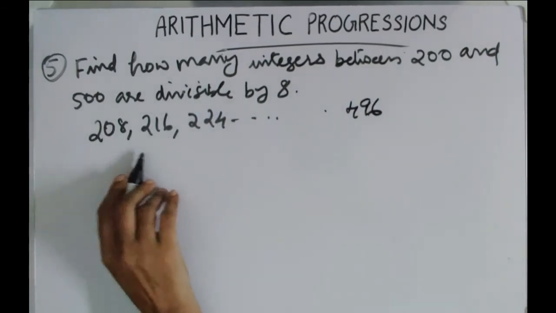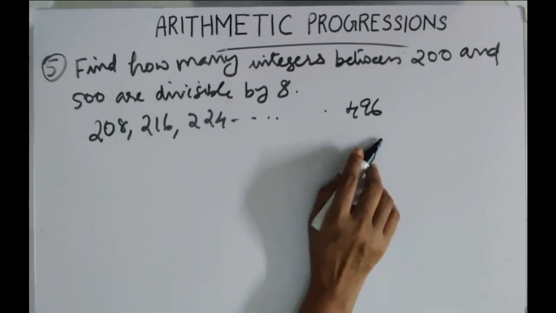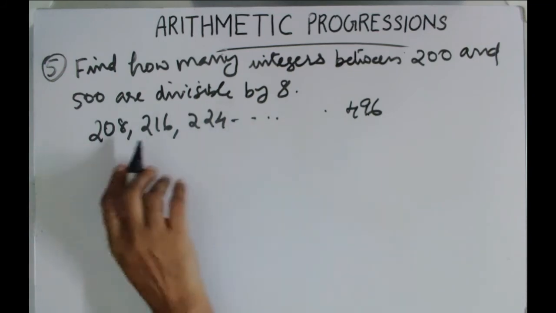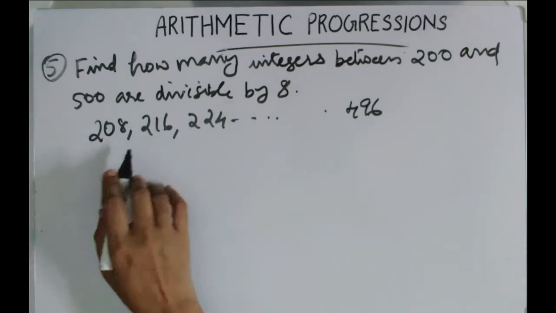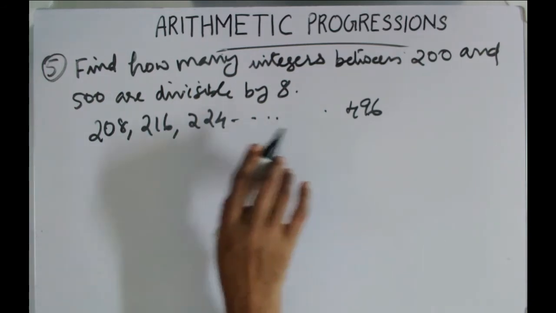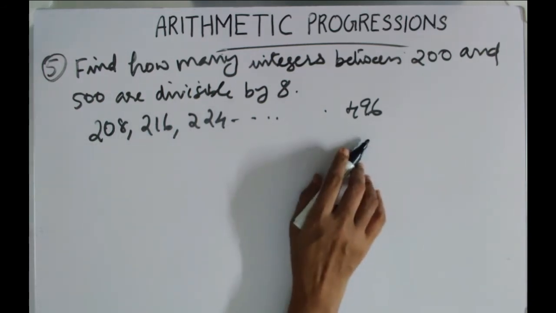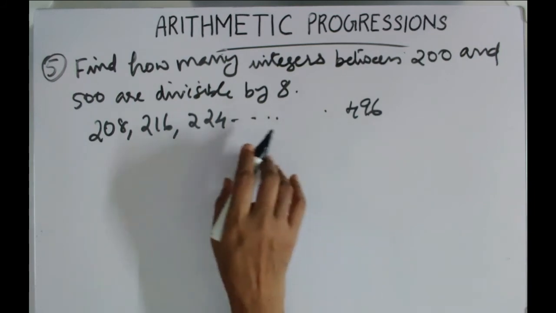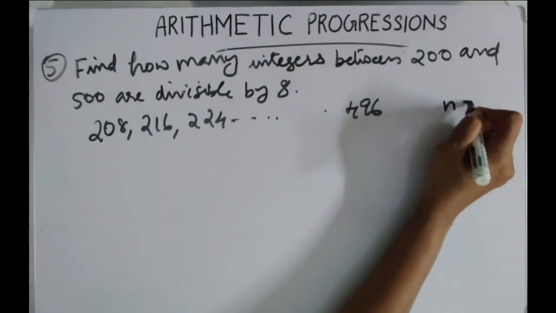There are n numbers in this AP. This is an AP because there is a common difference. Here there are n numbers in this AP, so we have to find the value of n.